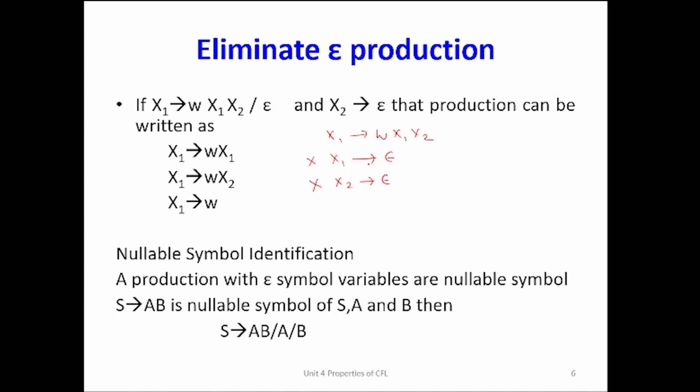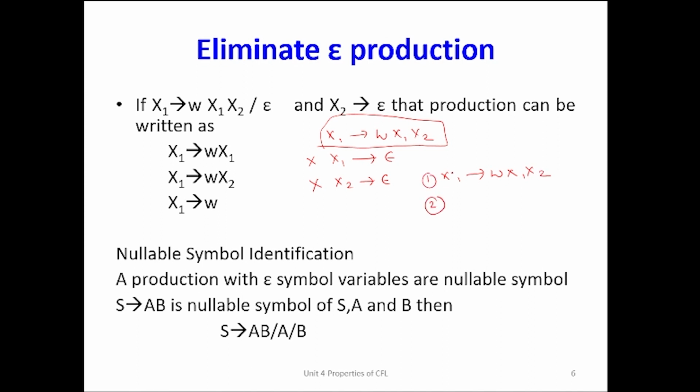How can we eliminate them? For the non-epsilon production, we substitute X1 as epsilon and X2 as epsilon. For example, the given production is X1 implies W X1 X2. This is the first production.